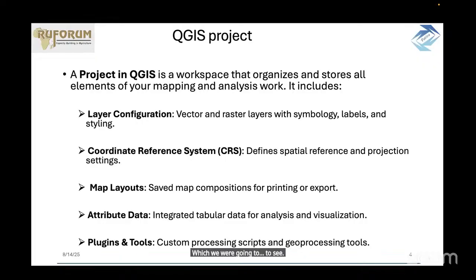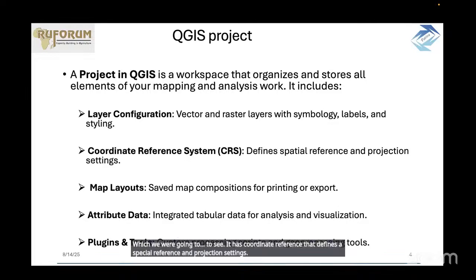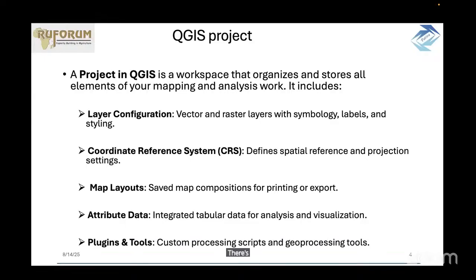It has coordinate reference that defines the spatial reference and projection settings. There's a map layout, that's where you can save your map for printing. There are attributes for data, and it also has plugins and other tools. But for us, we are mainly interested in the plugins and layers, okay, for now.